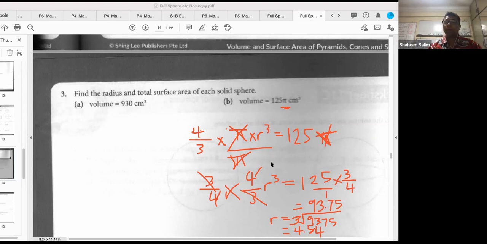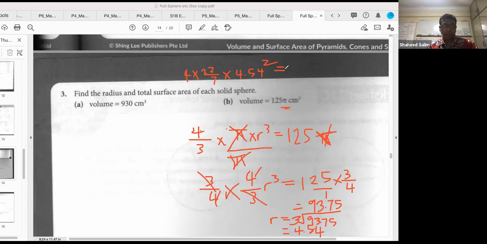Then after that, to find total surface area, just use this value. 4 times pi times r squared, where r is 4.54. You should be able to get the answer. 4.54 squared times 4 times 22 divided by 7.